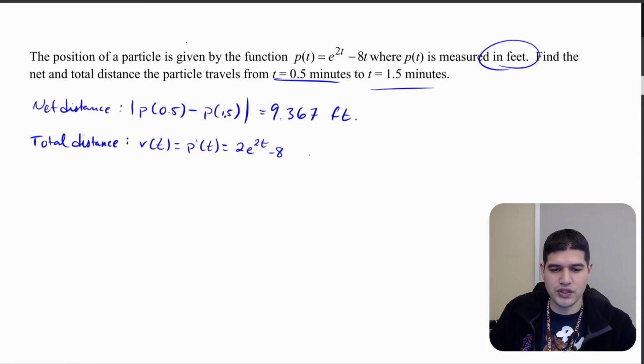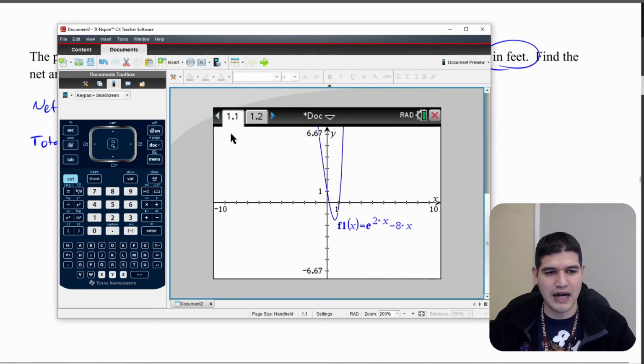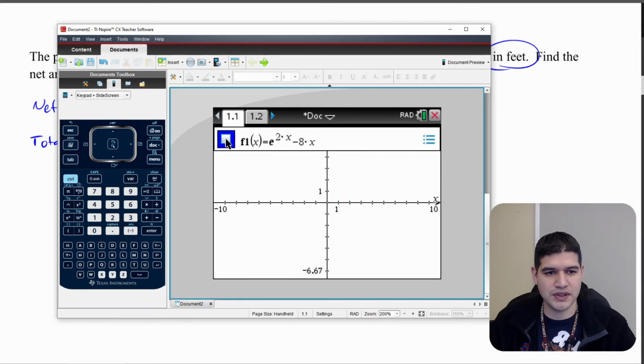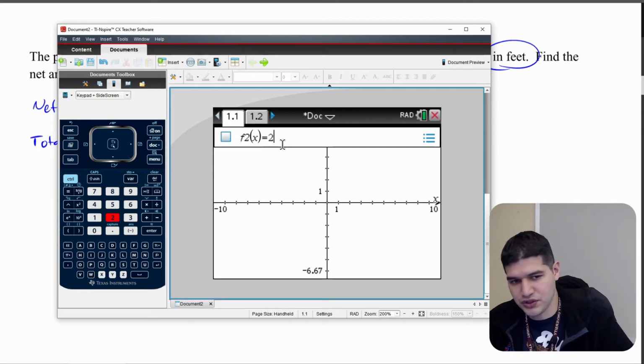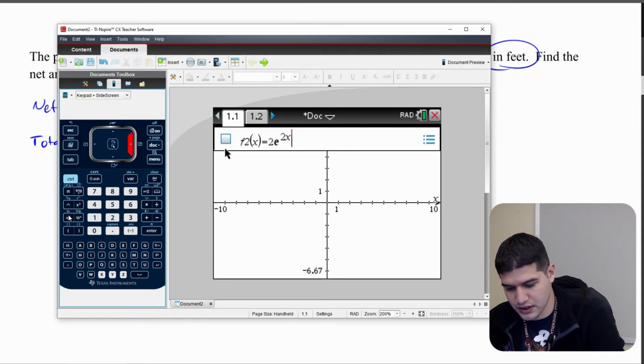So I'm going to come back to my calculator, go back to our graph, and graph that derivative. First I'm going to turn off our first function, and I just want to see the derivative, so that's 2e to the 2x minus 8.